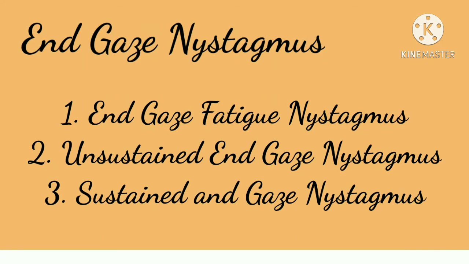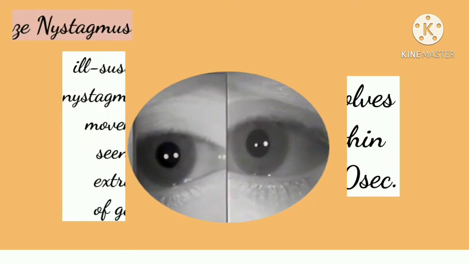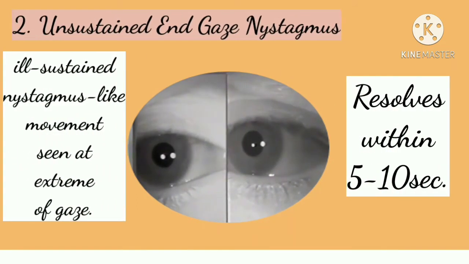End-gaze nystagmus. There are three forms to describe. The first one is end-gaze fatigue nystagmus, which occurs after a prolonged 10 to 15 seconds deviation of the eyes in the eccentric position. The second is unsustained end-gaze nystagmus.